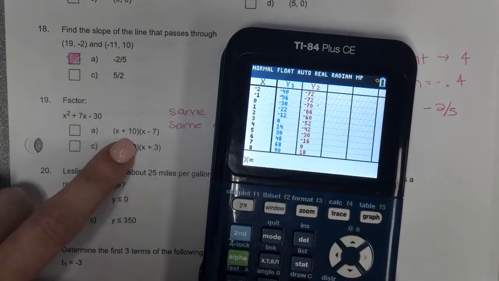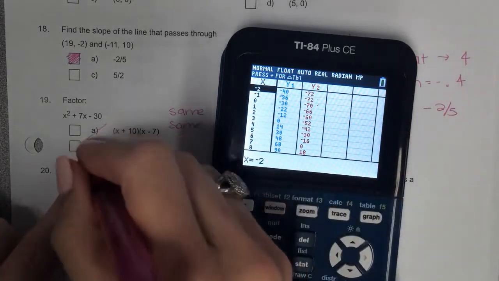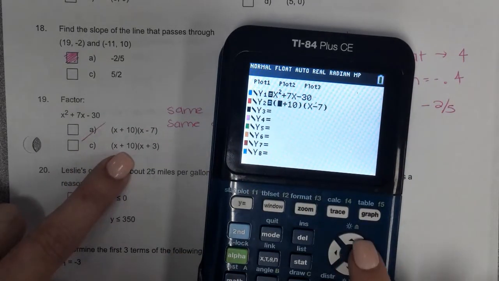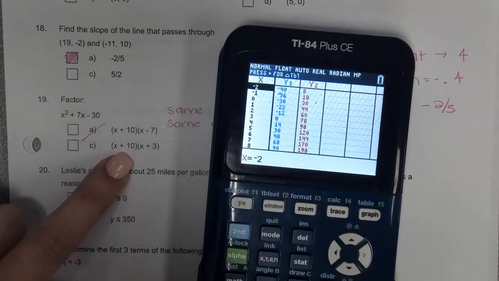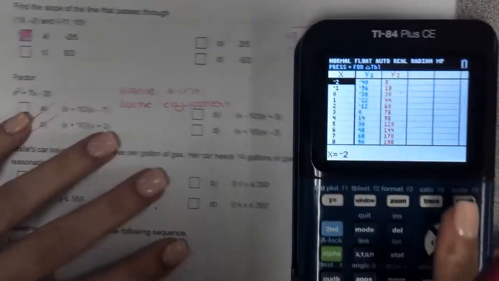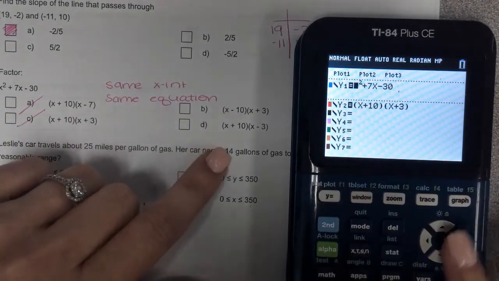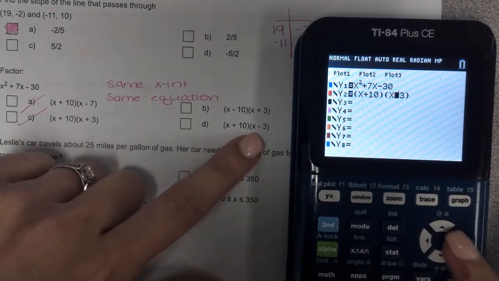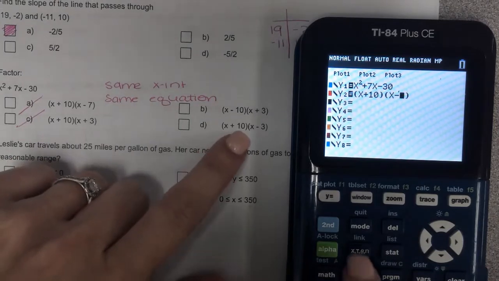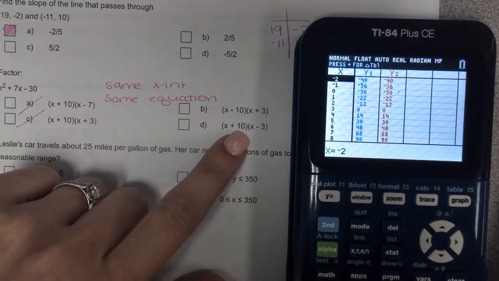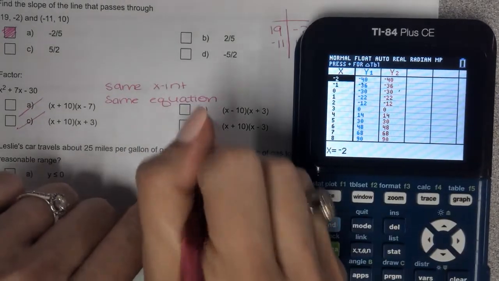And they need to be exactly the same. Those are not. Okay, x plus 10, x plus 3. Nope. X plus 10, x minus 3, just because I didn't want to change the plus sign. Yes, those are exactly the same.